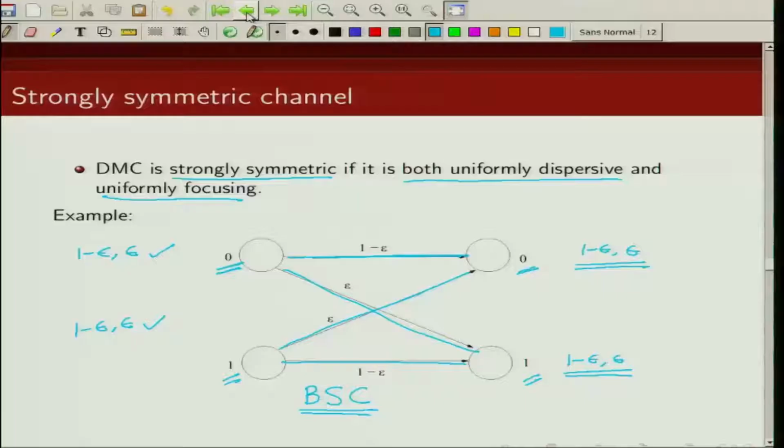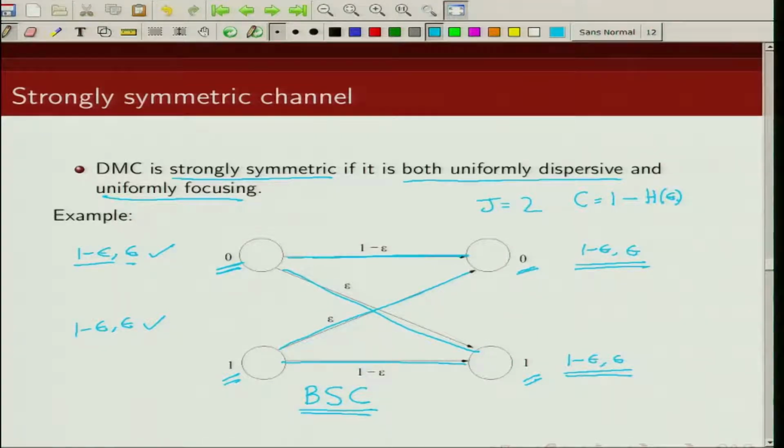Then can you tell me the expression for capacity of this binary symmetric channel? Here j is 2, so log of 2 is 1, so the capacity is 1 minus, and these probabilities are 1 minus epsilon and epsilon, so this can be written as the binary entropy function of epsilon.